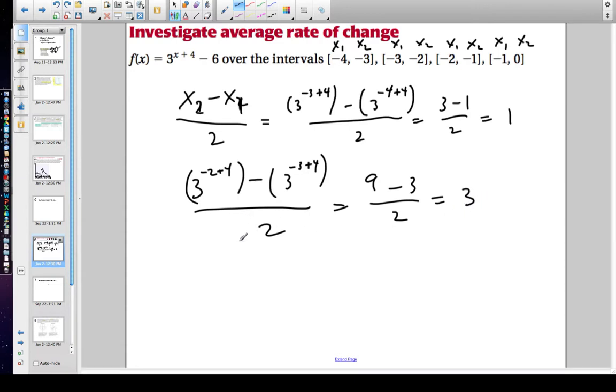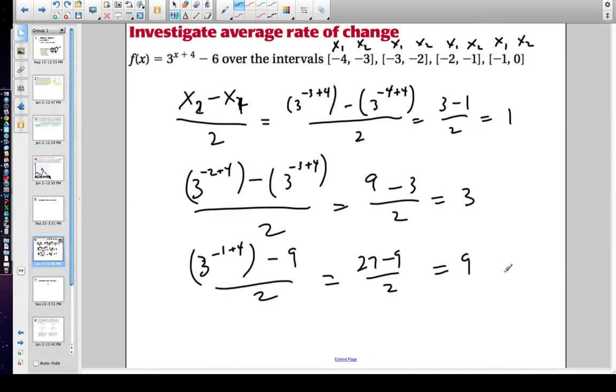Okay, so now when I do the next one, I'll have 3 to the negative 1 plus 4. That's new. Minus this item, negative 2 plus 4, which was 9 over 2. This would be 3 to the third, which is 27. 27 minus 9 over 2 is 18 divided by 2. Average rate of change is 9.